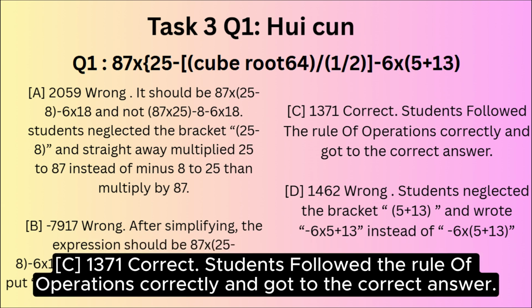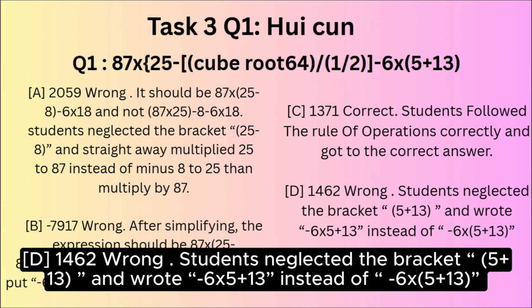C. 1371. Correct. Students followed the rule of operations correctly and got to the correct answer. D. 1462. Wrong. Students neglected the bracket 5 plus 13 and wrote negative 6 times 5 plus 13 instead of negative 6 times bracket 5 plus 13.